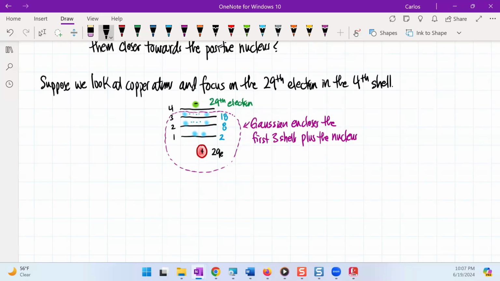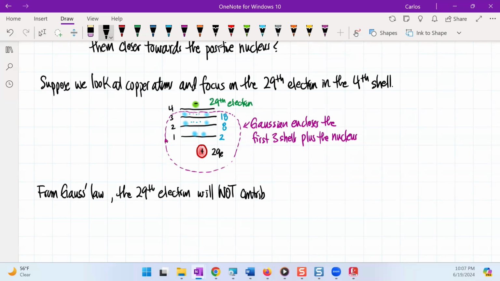So from Gauss's law, the 29th electron will not contribute to the electric flux. Note that I did not say electric field.